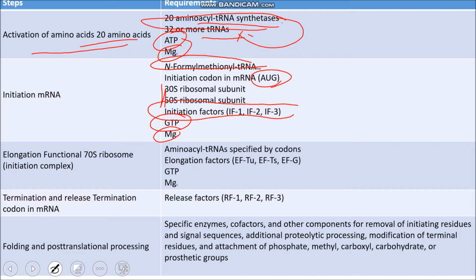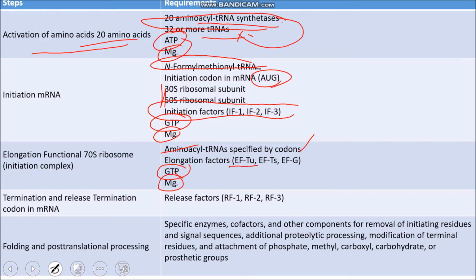Then the elongation process, where the full ribosomal complex forms, requires the remaining amino acids loaded on the tRNA. So amino acid loaded tRNA plus 3 elongation factors, that are EF-Tu, EF-Ts and EF-G. The energy source will be GTP here also, and it requires magnesium ion.